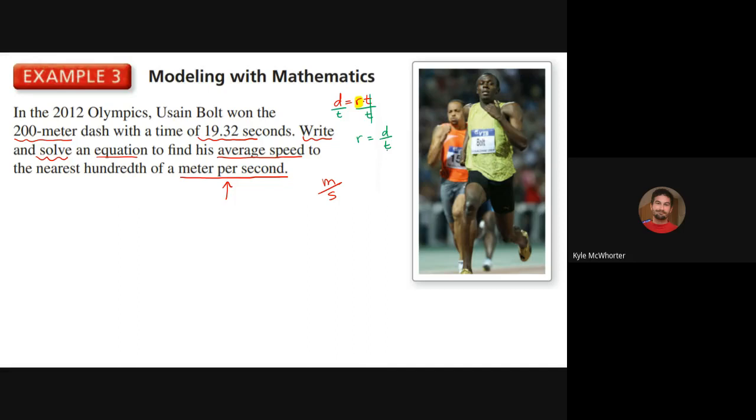Rate equals distance divided by time. And the distance is measured in meters, and the time is measured in seconds. So if we use this formula, we're going to get our speed in meters per second, because distance is meters and seconds is time. So we're going to use rate equals distance divided by time. His distance was 200 meters.